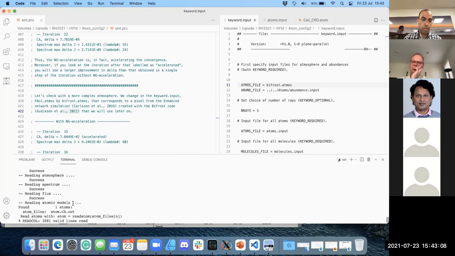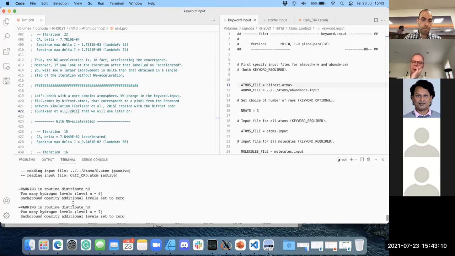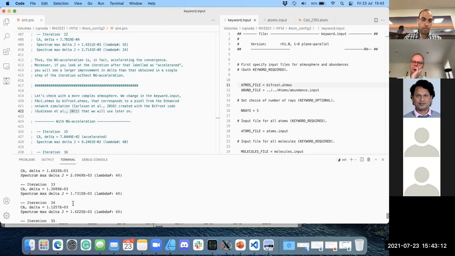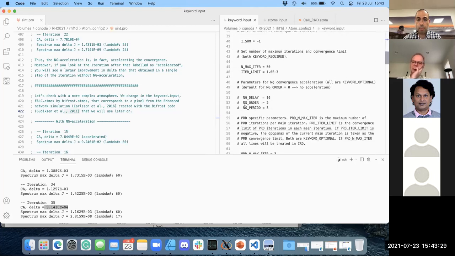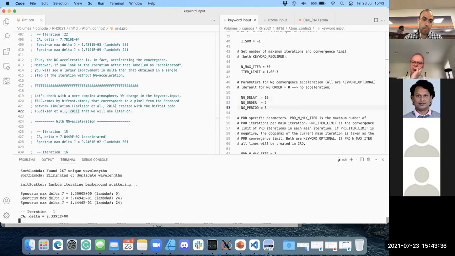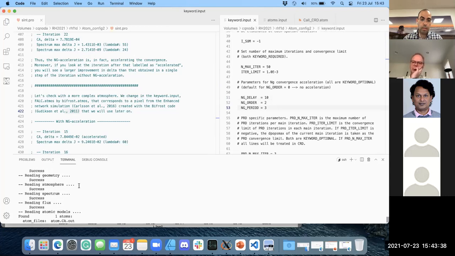So we see that we need 35 iterations to reach below 1 times 10 to the minus 3. The idea is that this is because the atmosphere is a bit more complex, but just as a reference, if we now add the NG acceleration and repeat the same computation, it's faster.